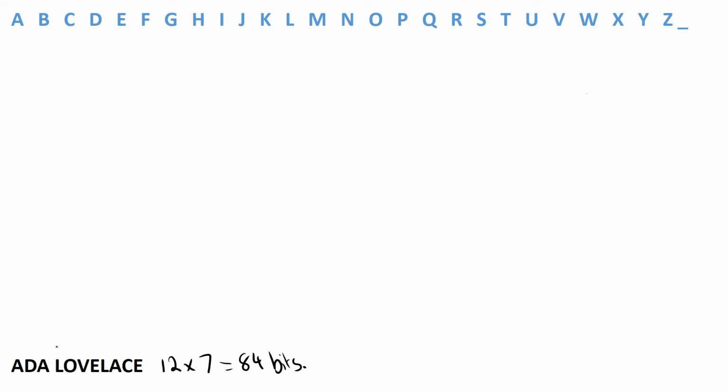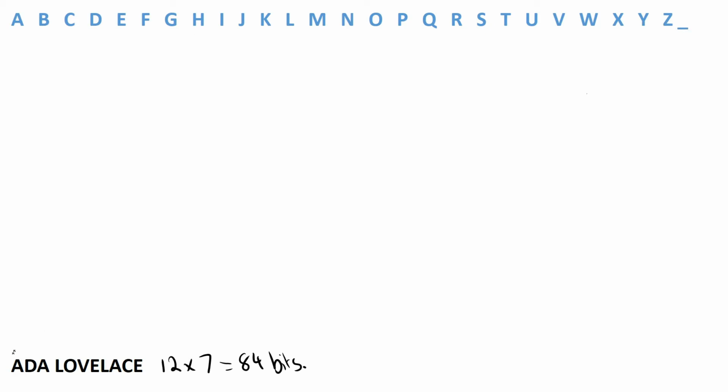Now, the first thing that you have to do is figure out the frequency of the letters and the spaces that are used. So the best way to do this is just to have the alphabet there, including a space as well. I've only done this using capital letters, not lowercase, because I don't want to complicate it too much.